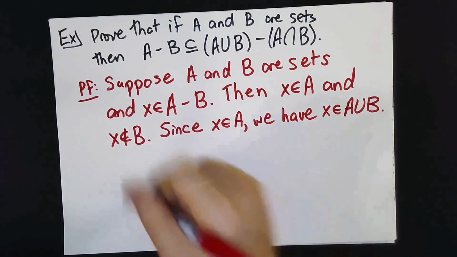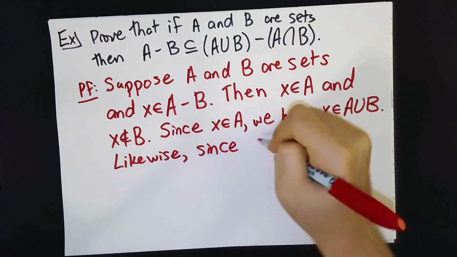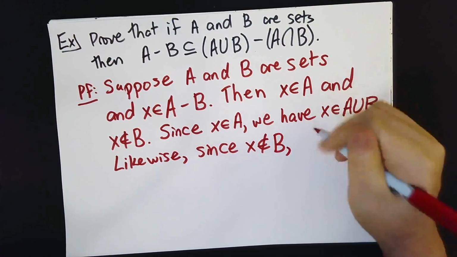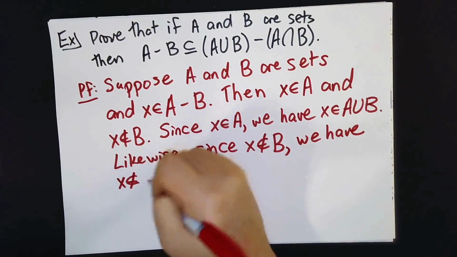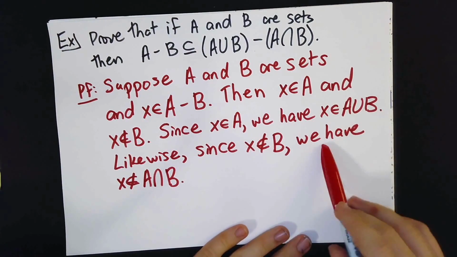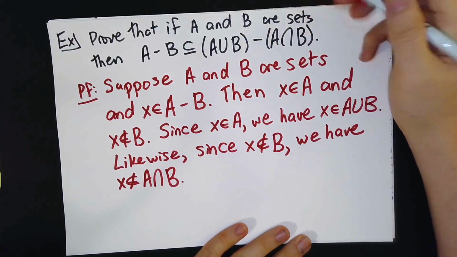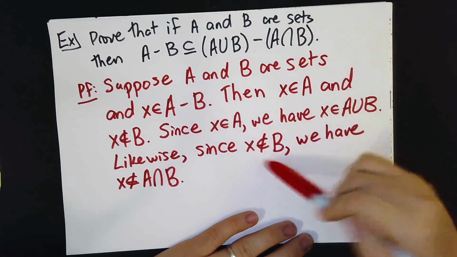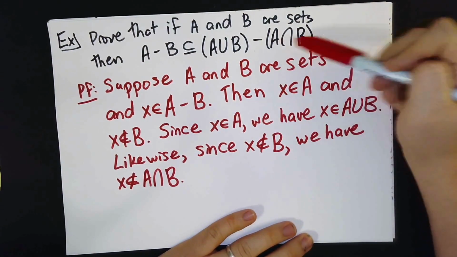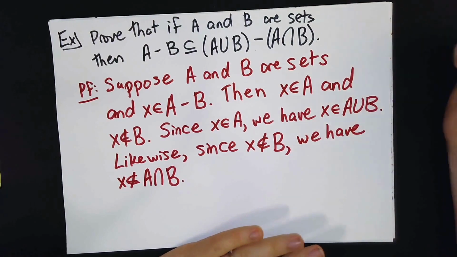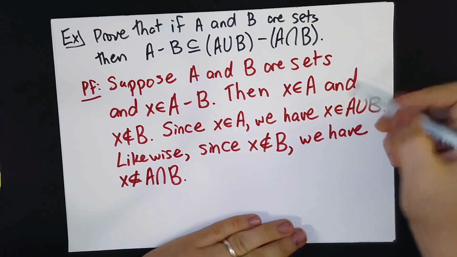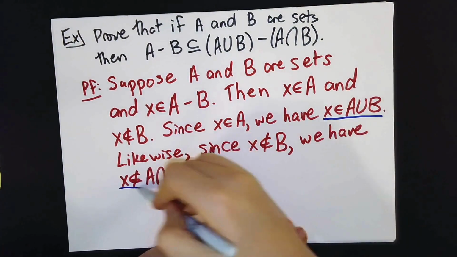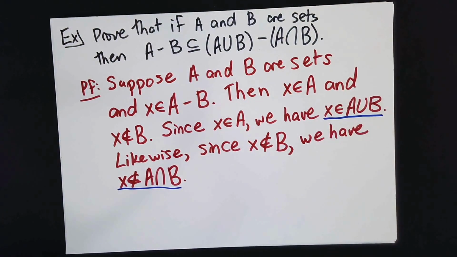Very similarly, the fact that x is not in B tells me that x is not in A intersect B. Again, the intersection is the set of things that are in both A and B, but it's already not in B. That's already enough to tell me it's not in both A and B. Thus, if we put together these two pieces, then we get what we want.